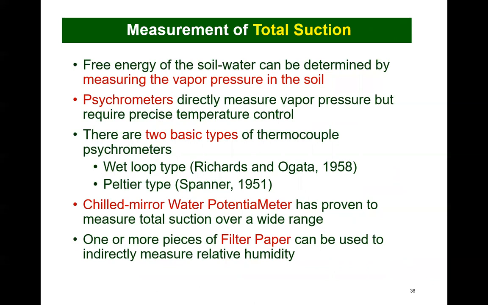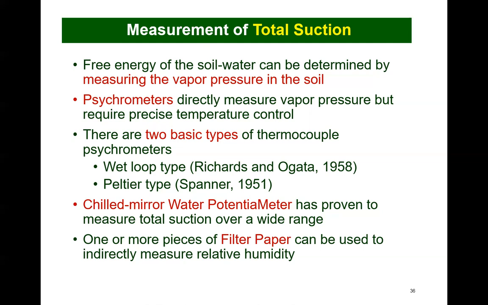Total suction is mainly of interest with respect to analyzing problems related to actual evaporation from the soil surface. High total suction measurements all culminate in a total suction of 1 million kilopascals for all soils. Total suction is related to the vapor pressure or relative humidity in the soil.